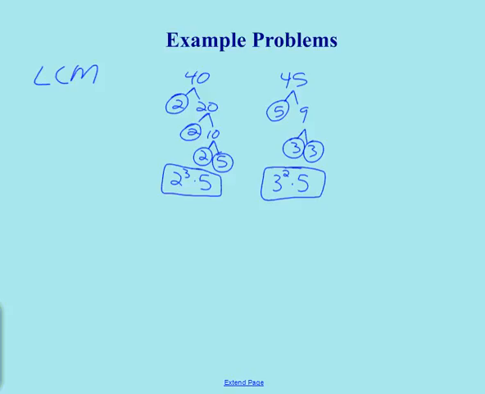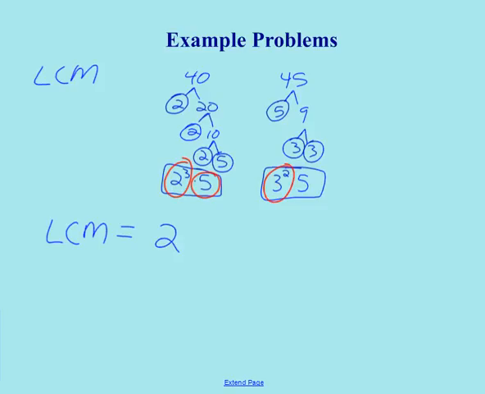All right, now we have our prime factorizations. To find the least common multiple, if you remember from the previous video, we take each factor, and for any that are in common, we take the larger exponent. So our factors, we have a 2, we have a 3, and we have a 5 that's in both. In both, it's 5 to the first power, so that's not going to make a difference for us.